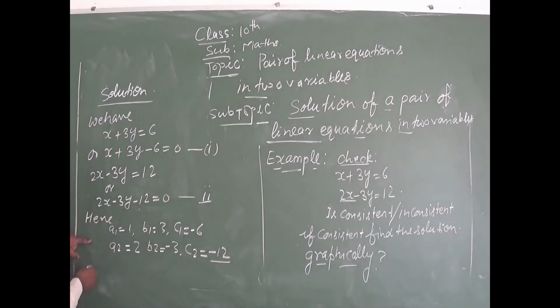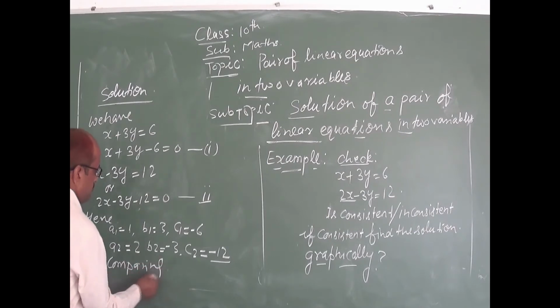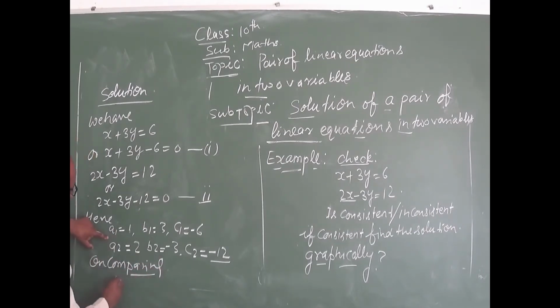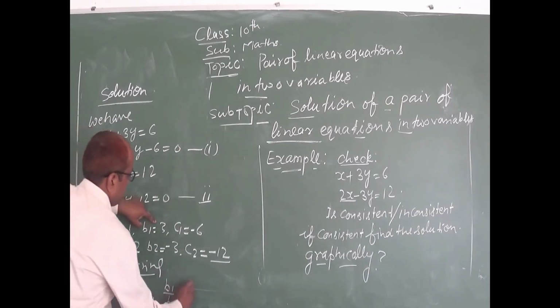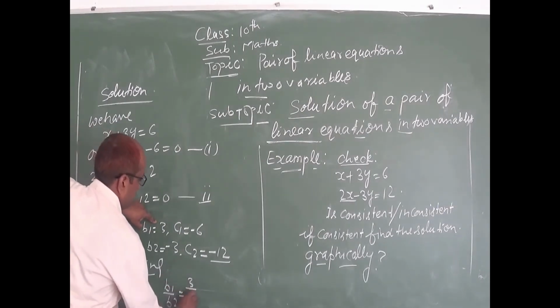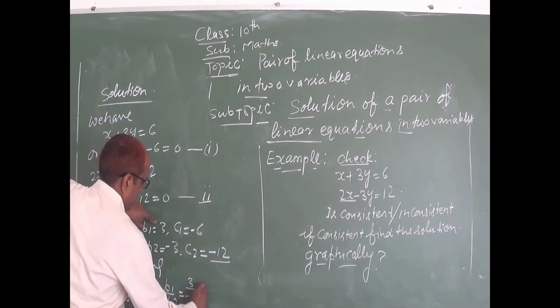Now on comparing, we can write a1 upon a2, which is 1 by 2. b1 upon b2 is equal to 3 upon minus 3, so we can write this is minus 1.